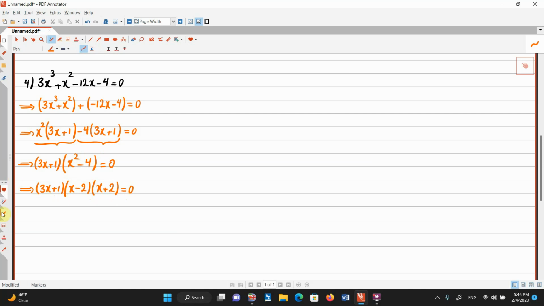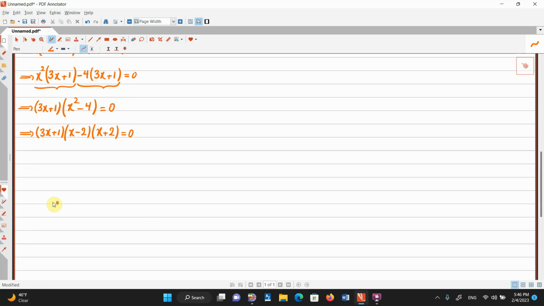Now you can see the product of three factors has become equal to 0. Then the zero product property says at least one of these factors should be equal to 0. Then 3x plus 1 equals 0, or x minus 2 equals 0, or x plus 2 is equal to 0.